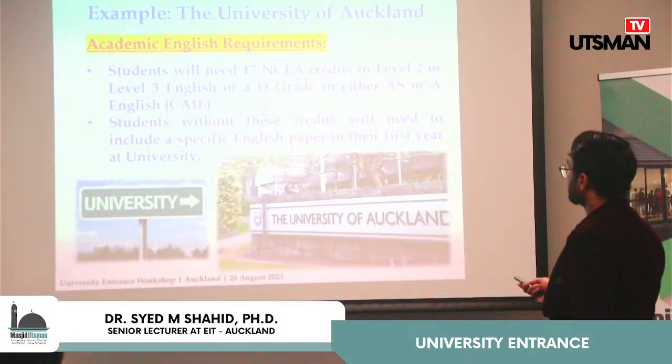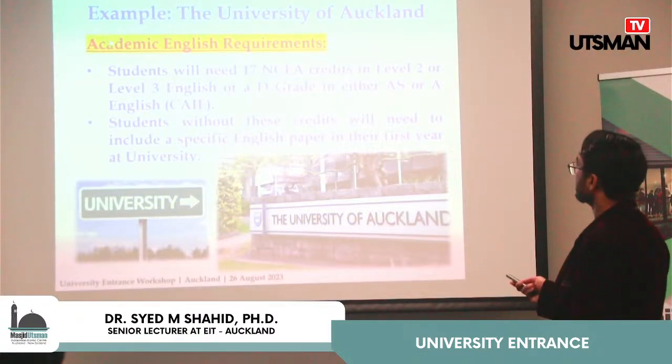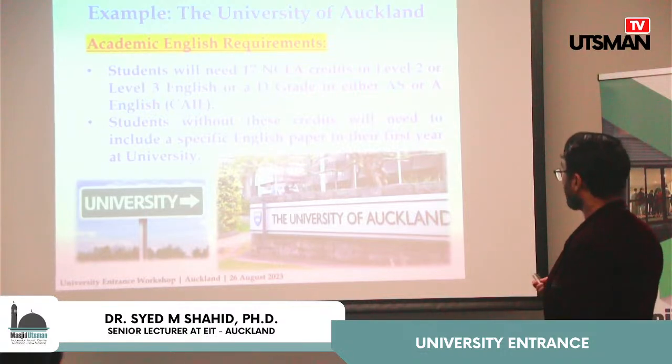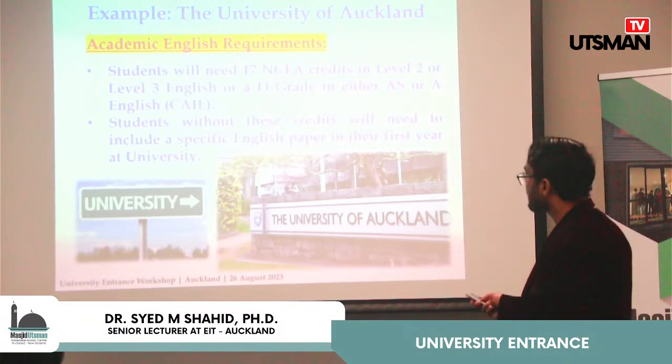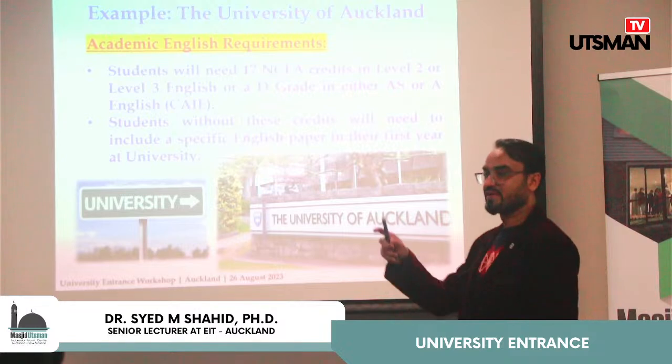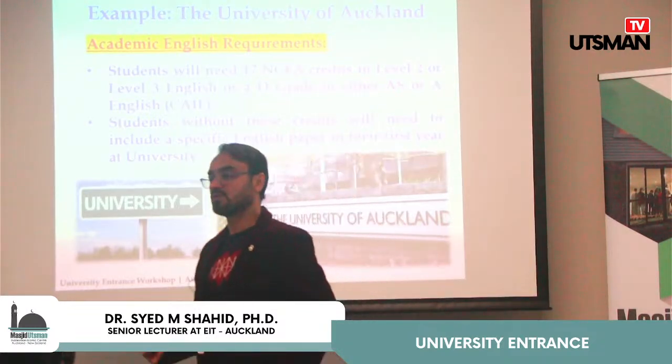Example, the University of Auckland student will need English requirement, 17 NCEA credits at level 2 or level 3, or D grade in either AS or A level. So these are year 12, year 13. Similarly, NCEA credits level 2, year 12, level 3, year 13 English. So this is a specific criteria for University of Auckland which I have extracted from them for 2024.